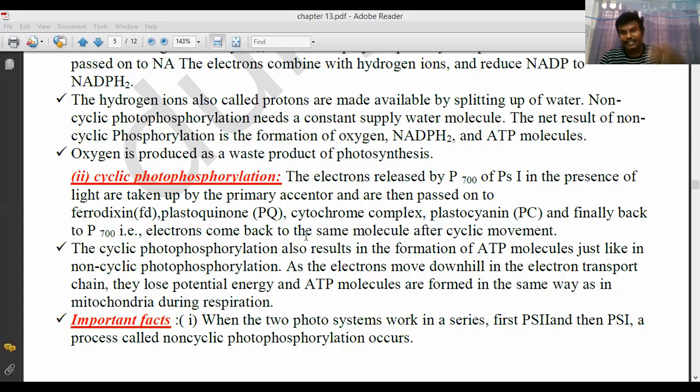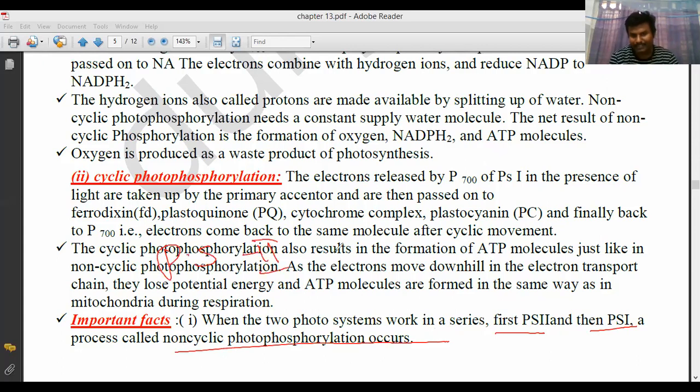In the light reaction flow chart, whatever I said is only non-cyclic photophosphorylation. But in cyclic photophosphorylation, only PS1 is involved. Important facts here: when the two photosystems work in series, first PS2 and then PS1, the process is called non-cyclic photophosphorylation.